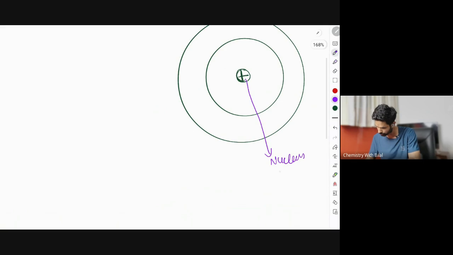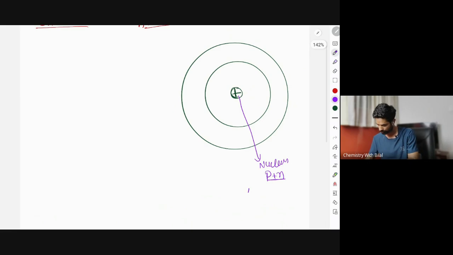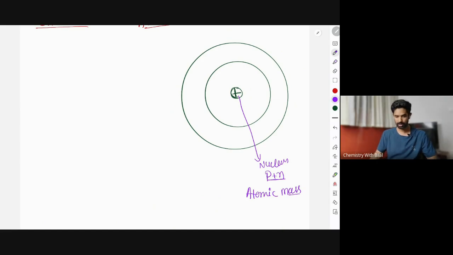And we know that the nucleus holds protons and neutrons, and these two particles make the atomic mass. Something which is present inside the nucleus is known as nucleon number, because they are present inside the nucleus, and also since they make the mass of the atom, it is known as atomic mass.